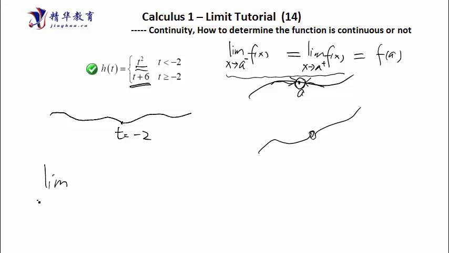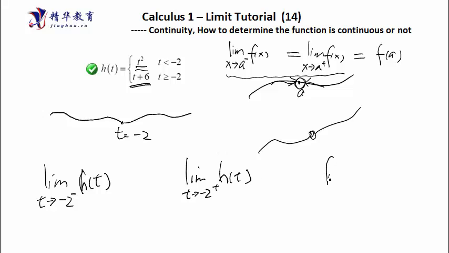We take the limit as t goes to -2 from the negative side of h(t), the limit as t goes to -2 from the positive side of h(t), and h(-2). We need to find out how much each is and see if they are the same or not.